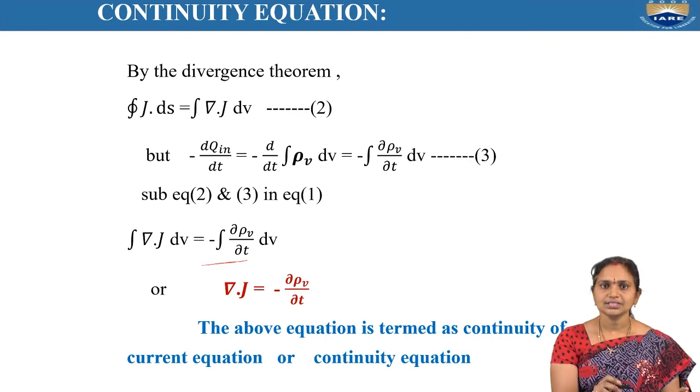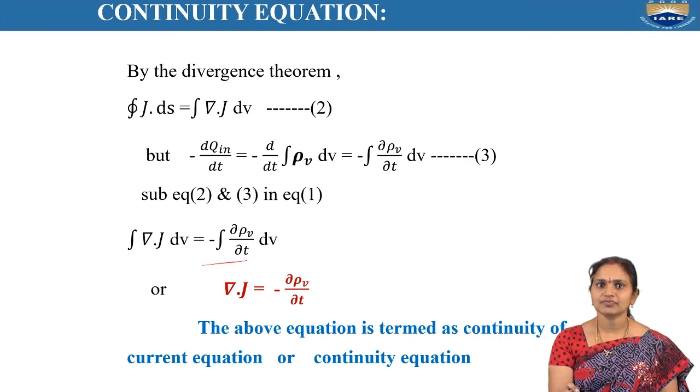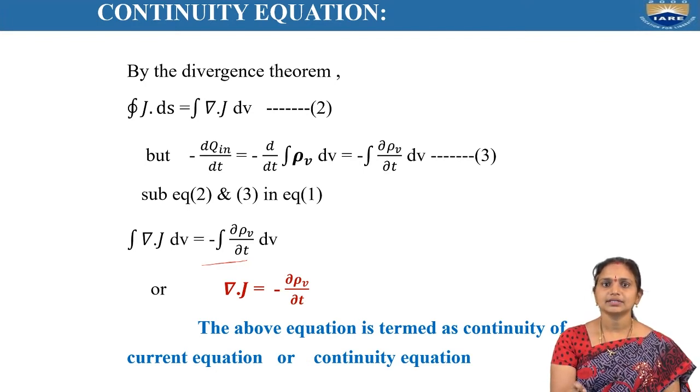Now both LHS and RHS integrals are with respect to volume, so we can compare their integrands. By comparing, the term obtained is del dot J equals minus dou rho v by dou t. This equation we can take as the continuity equation, or continuity of current equation.